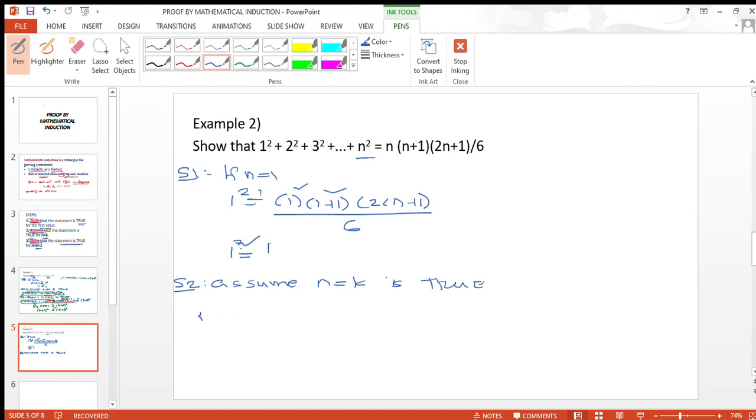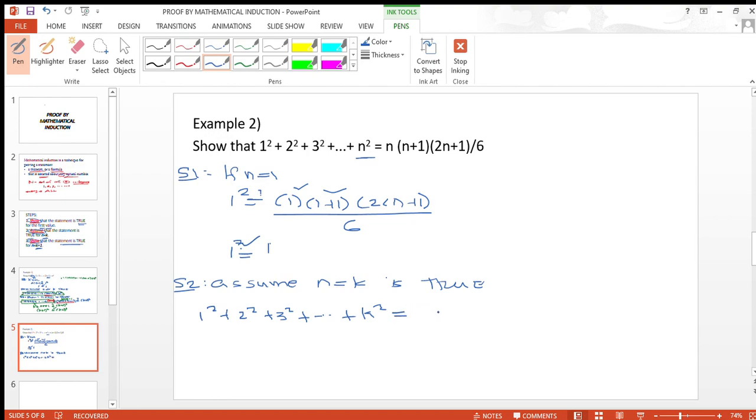So we now have 1 squared plus 2 squared plus 3 squared and so on plus k squared equals the right side.